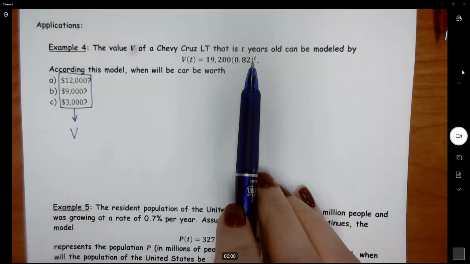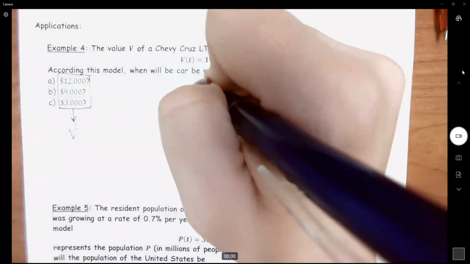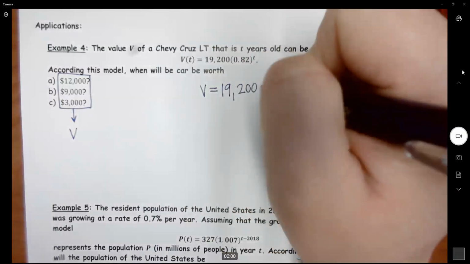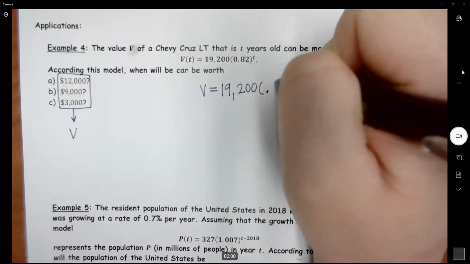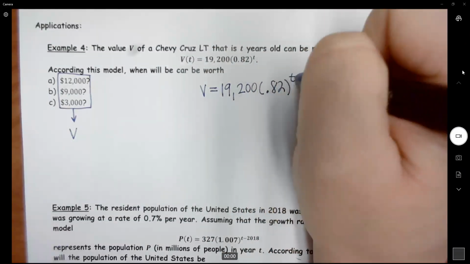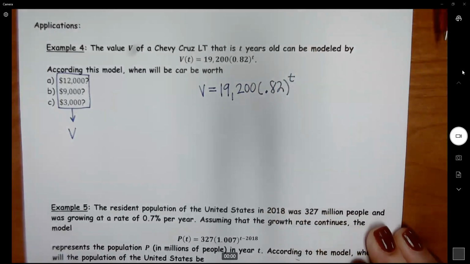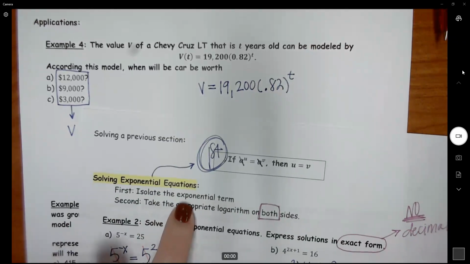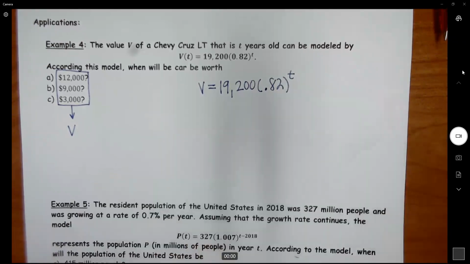So if I rewrite this, we've got V equals 19,200 times 0.82 to the T. Your rules for exponentials, if I can find them right here, is to isolate the exponential term.